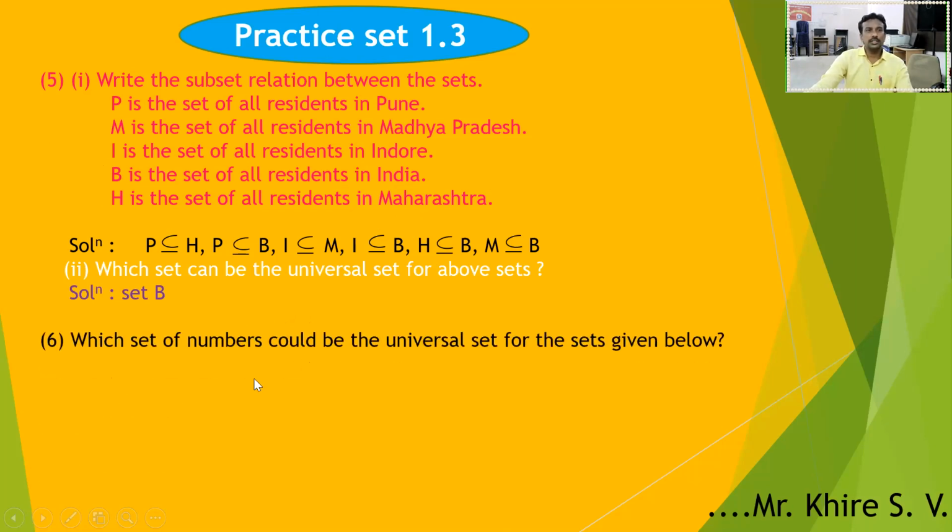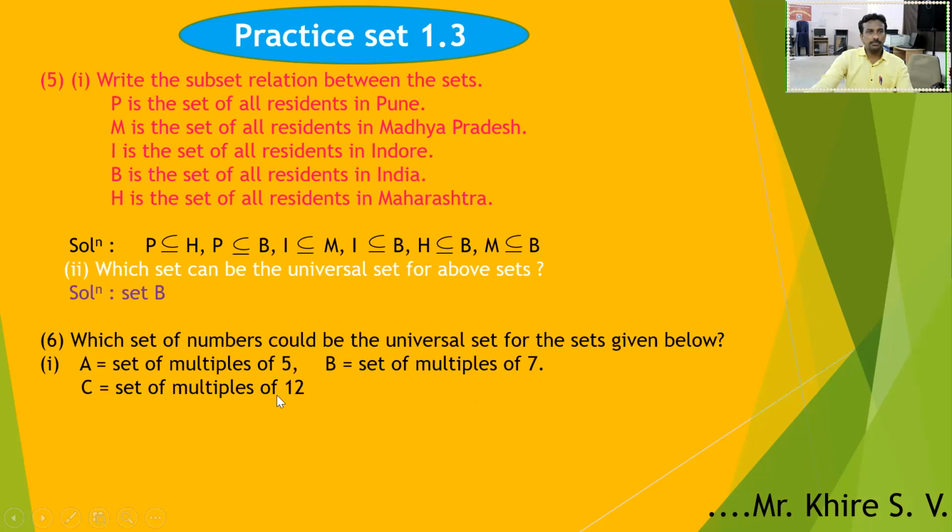Question number 6. Which set of numbers could be the universal set for the sets given below? A, set of multiples of 5. B, set of multiples of 7. C, set of multiples of 12. Now, which is the universal set for all these sets? The universal set is natural numbers, whole numbers and integers also.